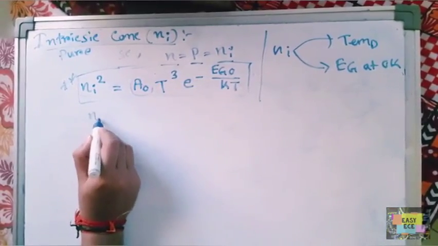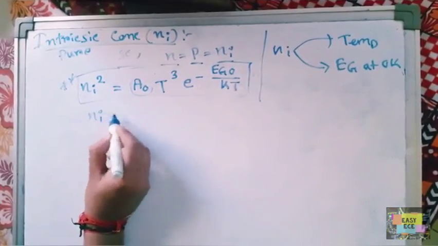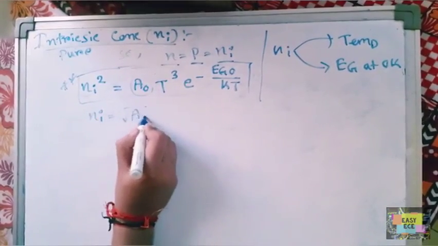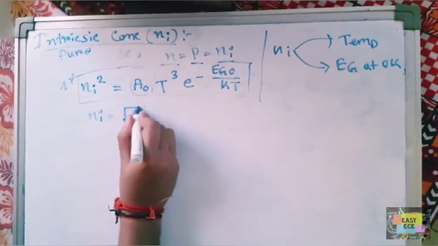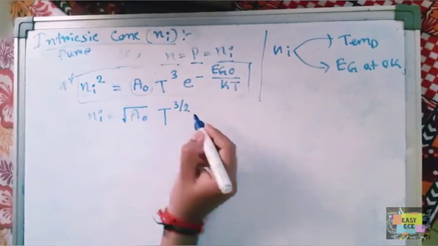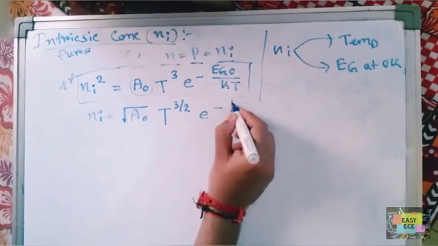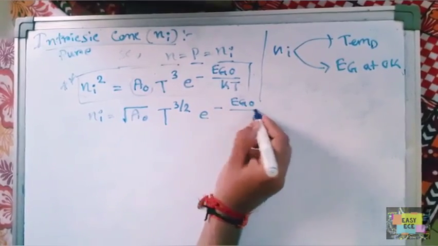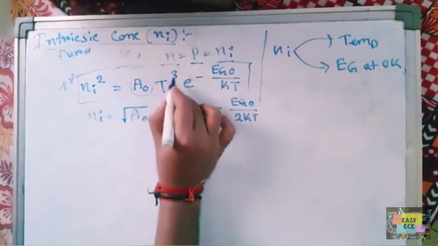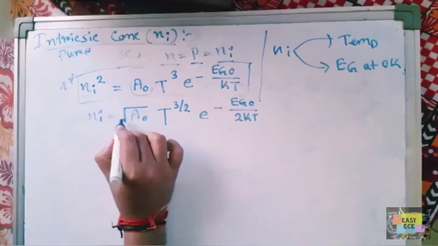Now this equation we can also write as ni squared, and the square is transferred to the other side, so ni equals root over A naught T to the power 3 by 2 e to the power minus Eg0 by 2kT. The 2 becomes divided here, and divided here, so this becomes a root.